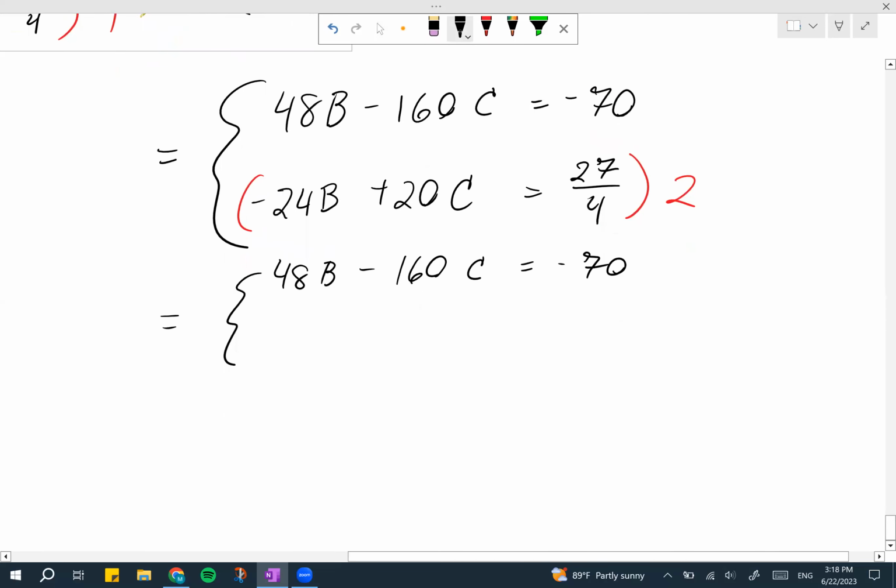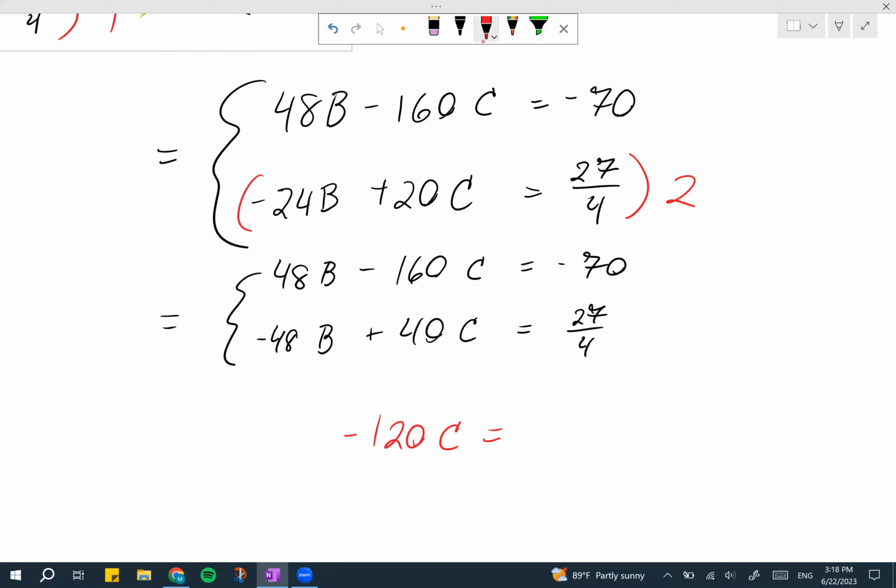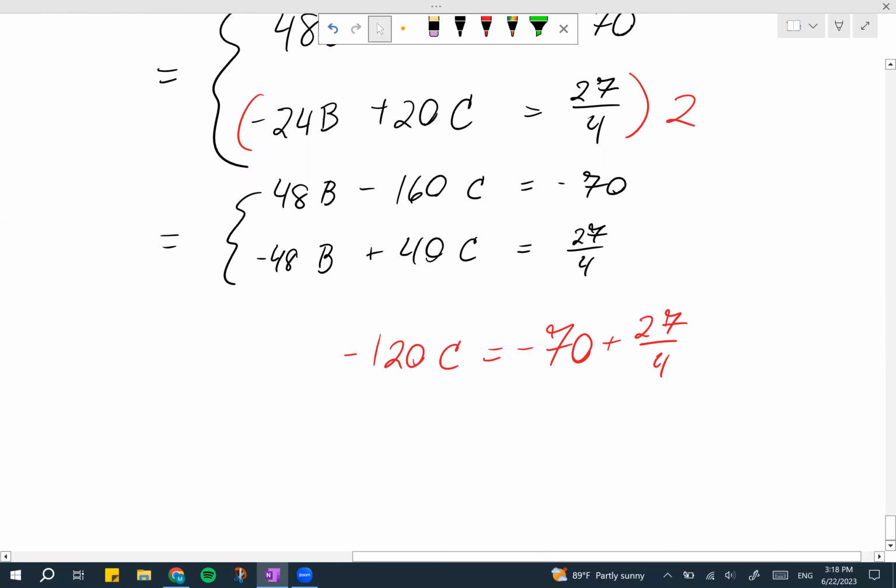This is negative 48b plus 40c equals 27 over 4. And then whenever I add these, I'm going to get negative 120c is equal to negative 70 plus 27 over 4. All right.